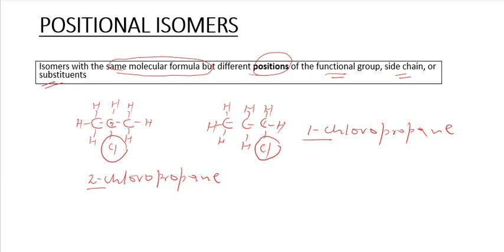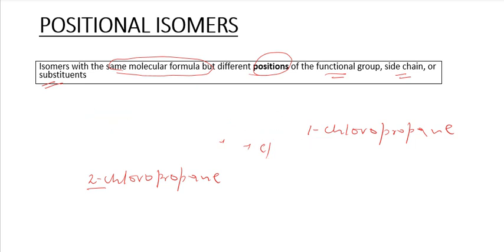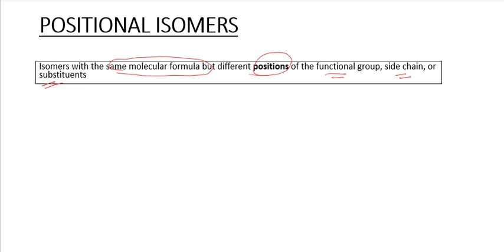Let's have another example. Let's say we have butan-2-ol. Then we will write the positional isomers that come out. First 1, 2, 3, the positional isomer of butan-2-ol.